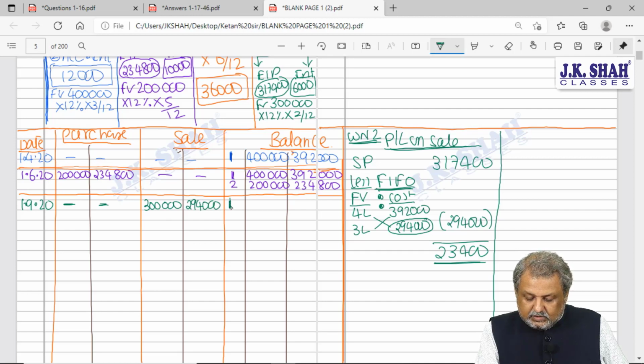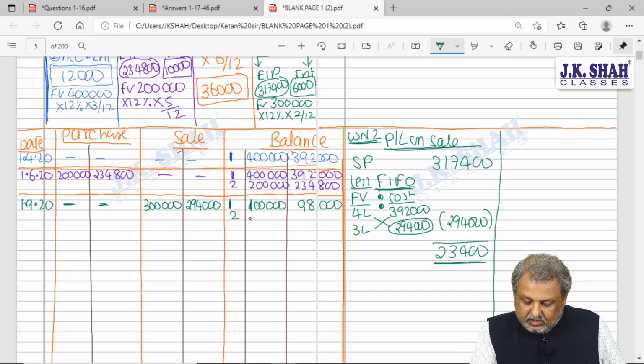Now how much balance will remain in the first lot? 1 lakh balance will remain. Out of 3,92,000, 2,94,000 gone, so 98,000.